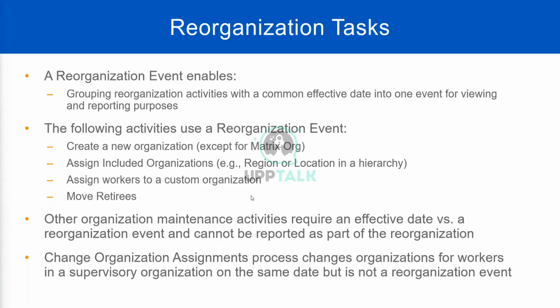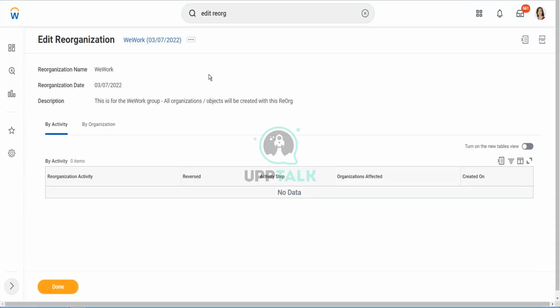We just wanted to let you know that when we start creating supervisory organizations tomorrow, you are all able to use a reorganization task and reorganization event. What happens if we don't create a reorganization? Let's say you did not create one and then you start working.